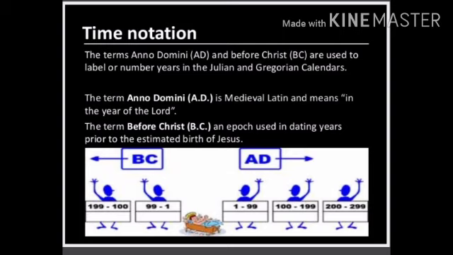As I have already told you, you can see this figure, and by this you can easily understand the arrow of BC going back, and AD after the birth of Jesus Christ. AD starts. It's very clear to understand.